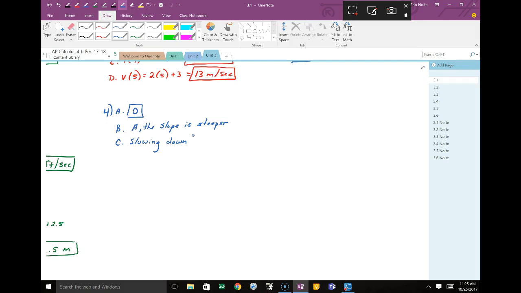Slope is flatter. Kind of, yeah. Could you say like the slope is approaching zero? Oh, actually I like that. Yeah, because it was big and then it was approaching 0.